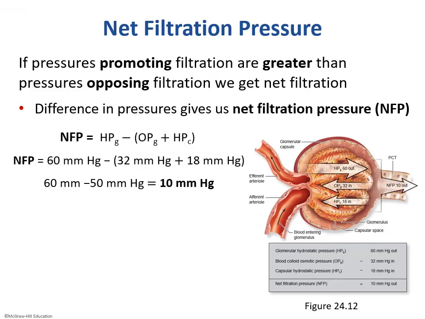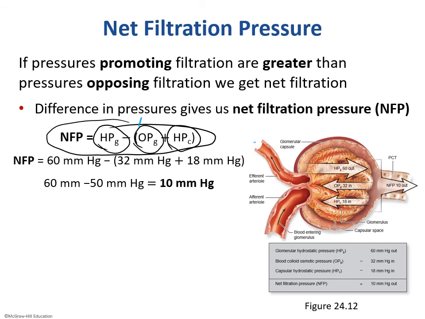All right, let's talk about net filtration pressure. We will still be using this diagram. There's one thing left. So this is how we are going to calculate net filtration pressure, based off of those inward and outward pressures. So looking at this here, net filtration pressure equals that hydrostatic pressure in our glomerulus subtracted by the colloid osmotic pressure of the glomerulus and the hydrostatic pressure of the capsular space.